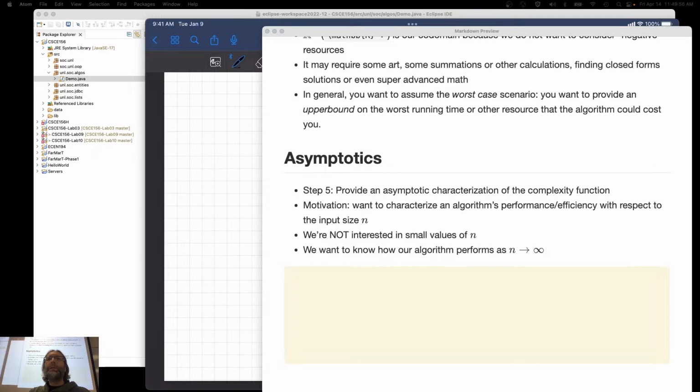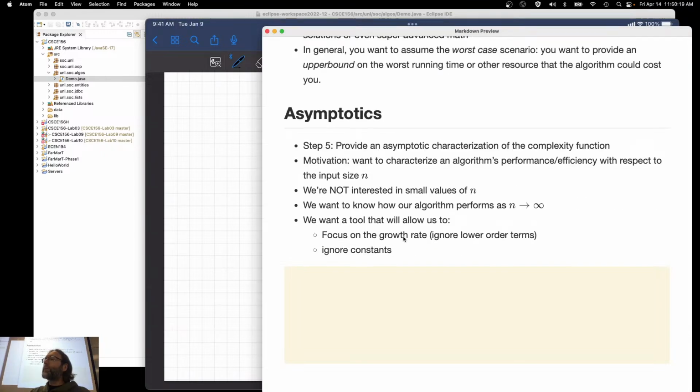Look familiar? Calculus. What do you do in calculus with respect to n tending towards infinity? You're trying to find a limit of some sort, right? Does it converge or does it blow up? What happens as we consider input sizes larger and larger and larger? We want a tool to do this that will focus on the rate of growth.